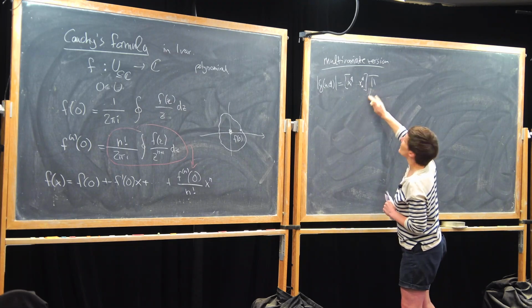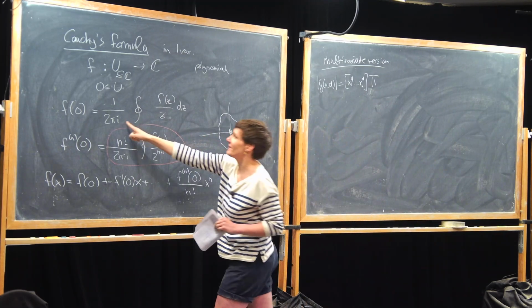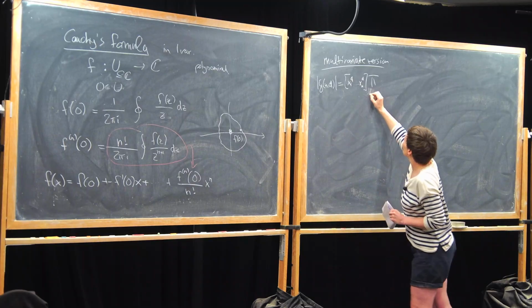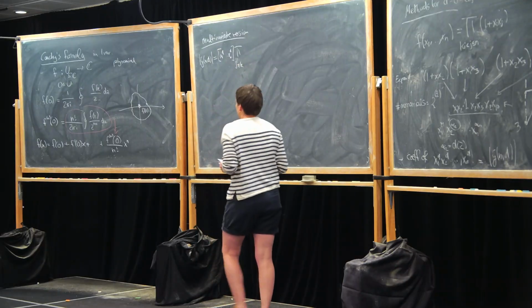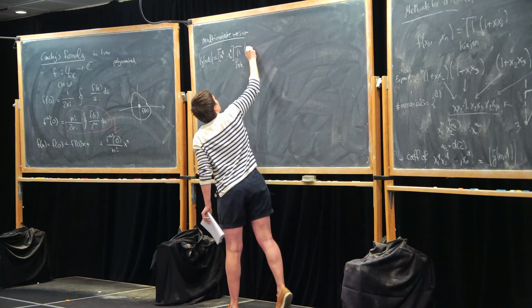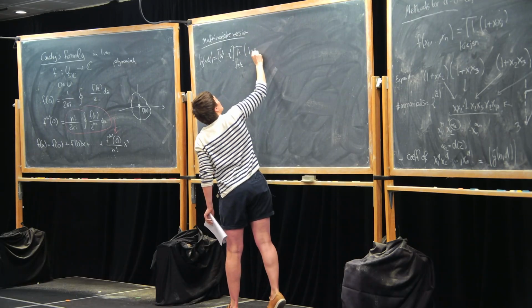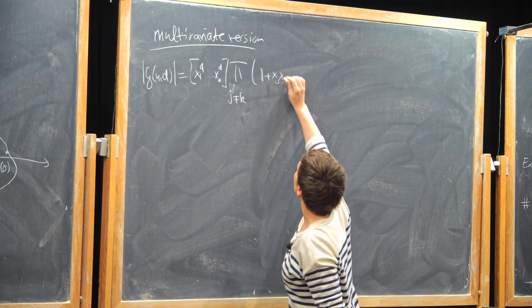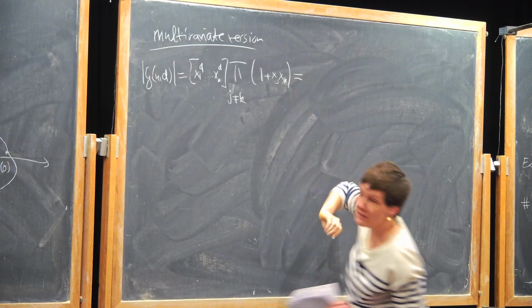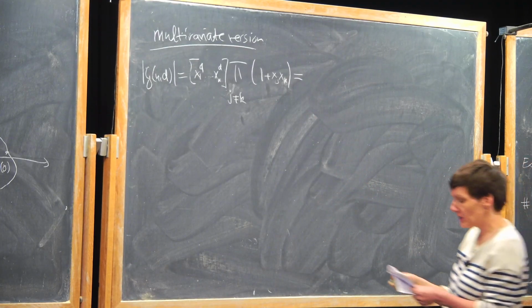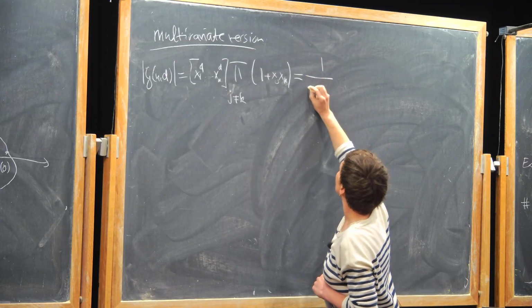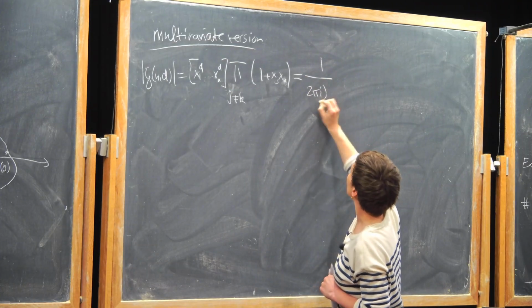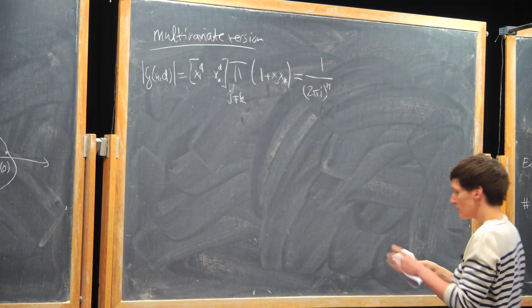Let me not use ij because I have i in the formula as a complex number. j not equal to k. And we take the product of 1 plus xj xk. And then by Cauchy formula magic, this is equal to 1 over 2 pi i to the n.